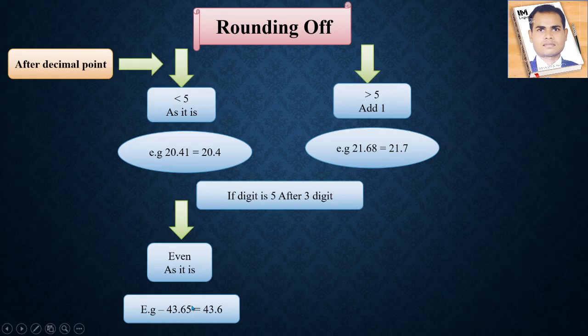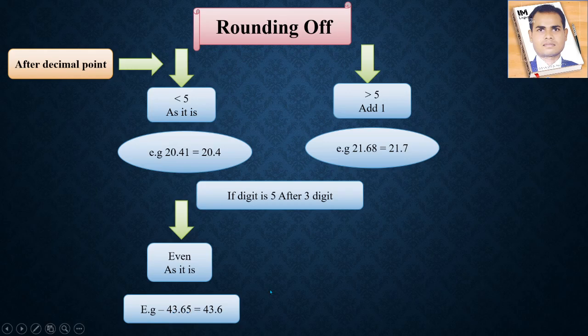That means after the decimal point the 5 is given, and before that 5 the number is even, that 6 is even. So the answer we can write in this way: as it is, the number will be 43.6. So this is the example for when the digit is 5 after the decimal.